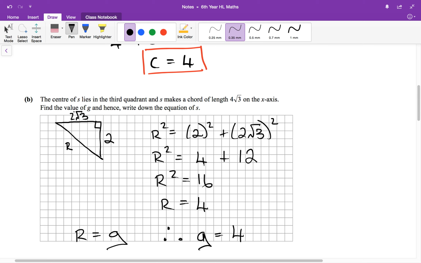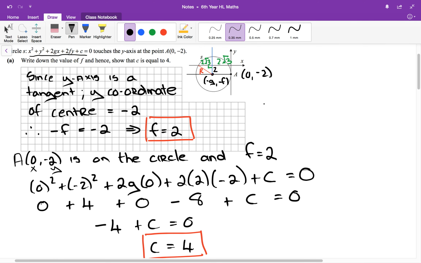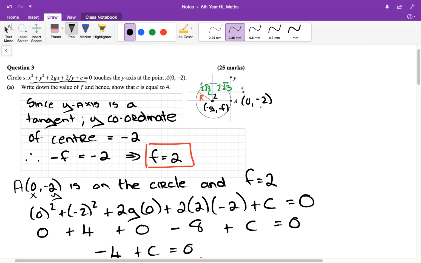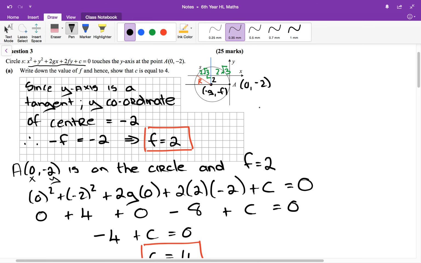The next part says the centre of S lies in the third quadrant and S makes a chord of 4√3 on the x-axis. Find the value of g and hence write down the equation. We said earlier that the radius, because this line is a highlighter, this line across here is the radius, and the length of that line is the same as the x-coordinate here.